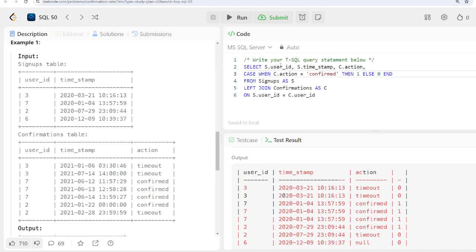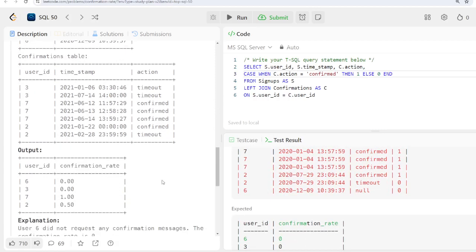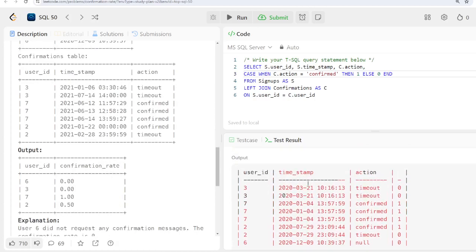Okay, and now I don't need all these columns. I only need this column and the user ID. So let me remove everything. I only need these two columns, and I have to do the count. So when I'm doing count, it will return the total number of people who requested a confirmation message, right?